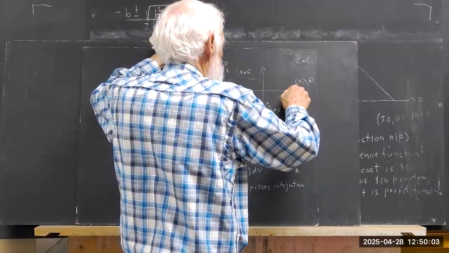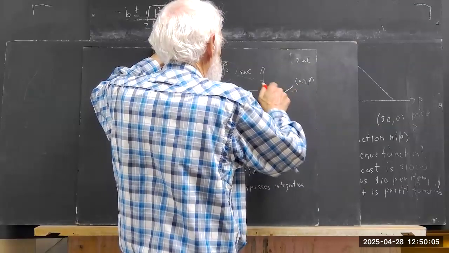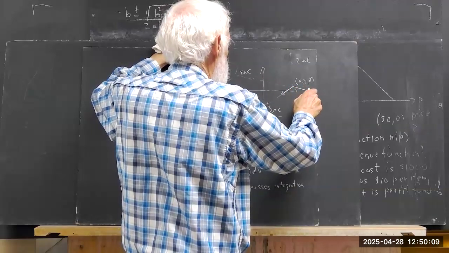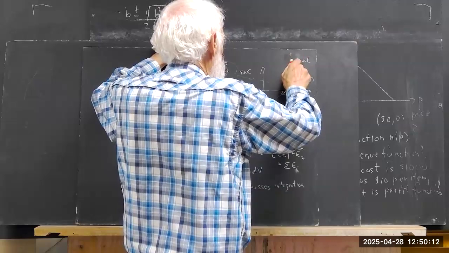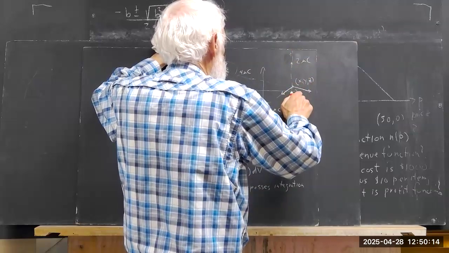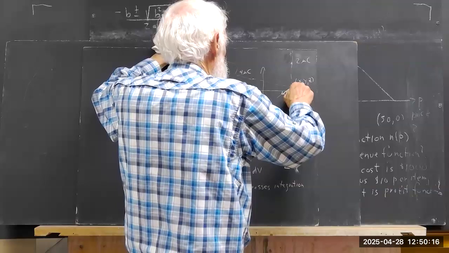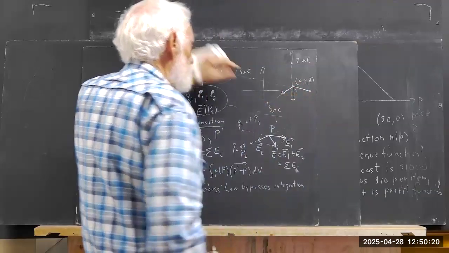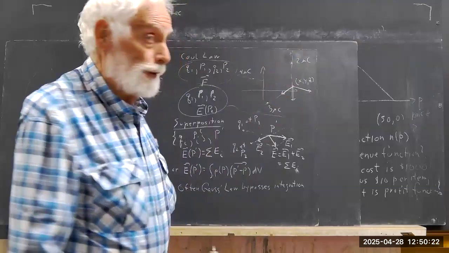I have a positive charge here, it's going to be attracted to this one, and it's going to be repelled from this one. And then if I've got the 2 microcoulomb charge here, again, it's going to be repelled from that. So your force diagram might look like this.